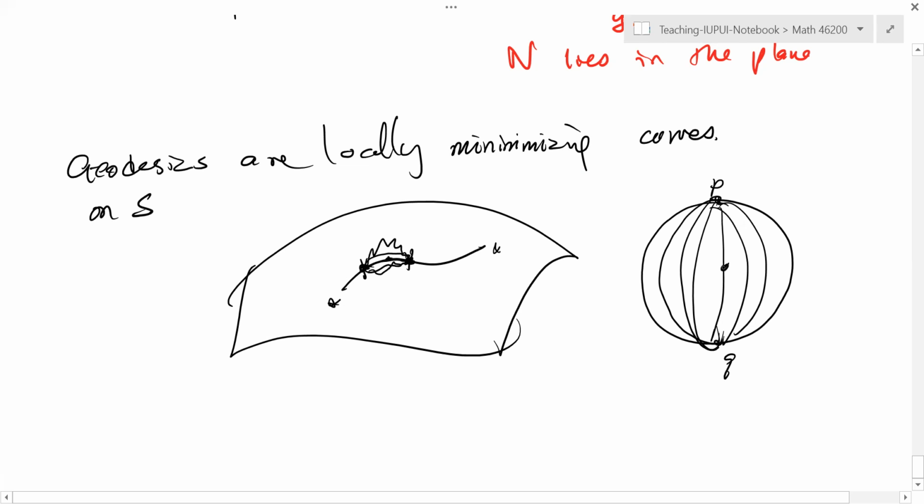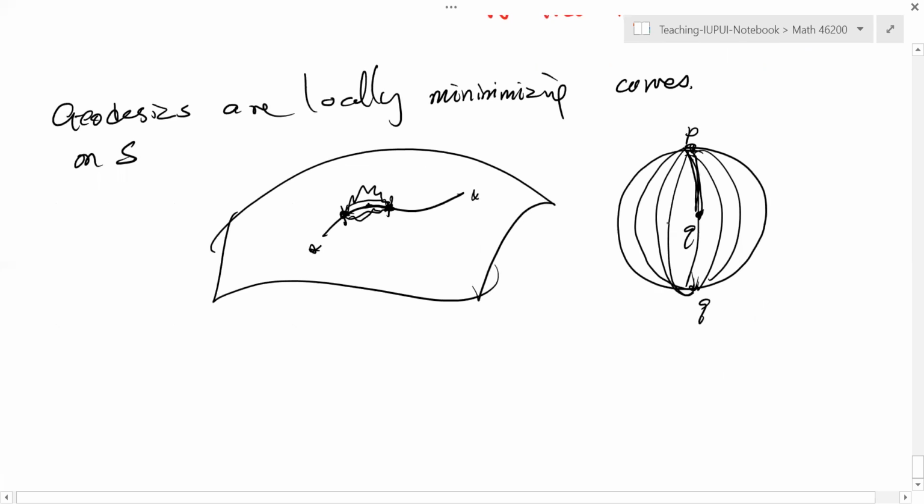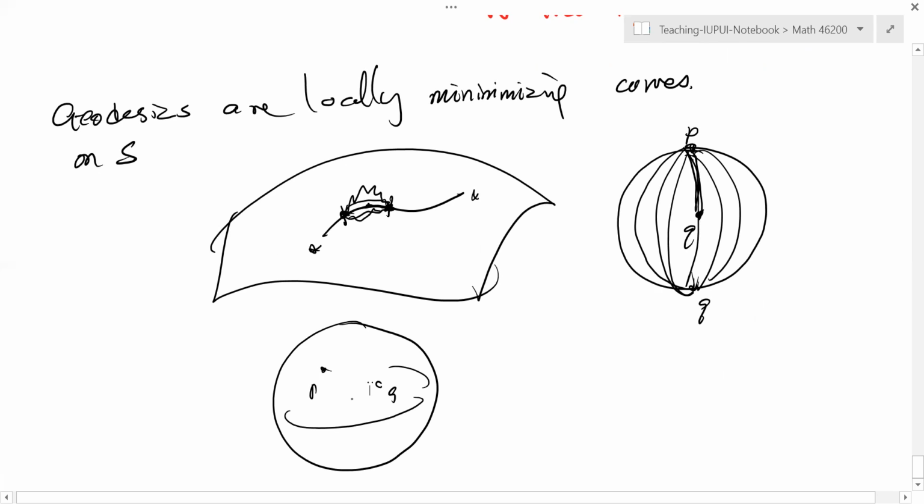But if the point is here on the sphere, you draw the great circle around that. Okay, this is a geodesic. From P to Q, the shortest path is going to be the portion of the great circle.